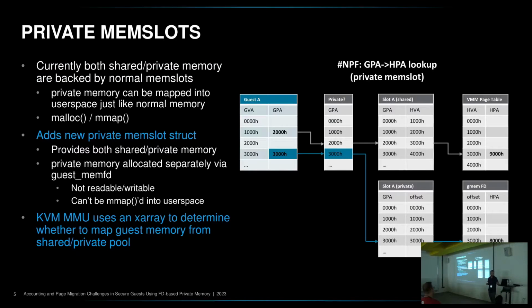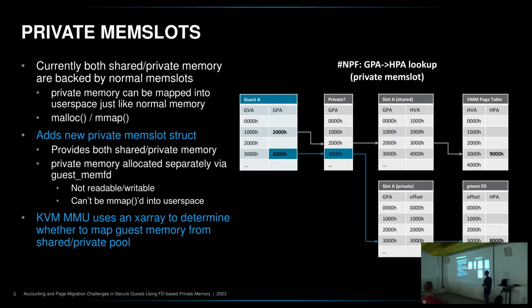Now with GMEM, there's a notion of a private mem slot where for normal pages, things are still handled the same way, but for a private page, KVM now has this XArray which tells the KVM MMU whether or not that page should be backed by private memory.